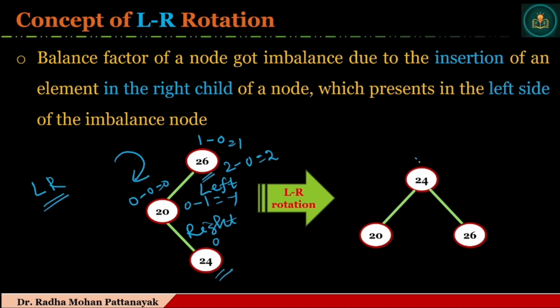So see here, I made 24 the root, 20 as its left side, and 26, that was the affected node, made it the right side. And after turning, calculate the balance factor. This is 0 and balance factor of 20 equals 0, balance factor of 26 equals 0. So this is all about your left-right rotation.